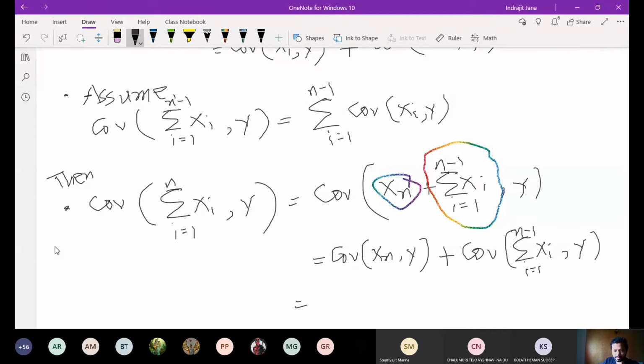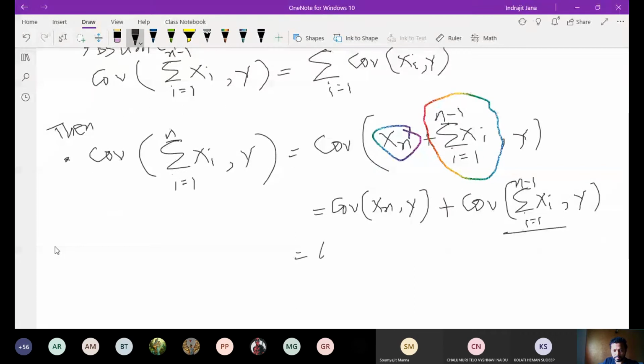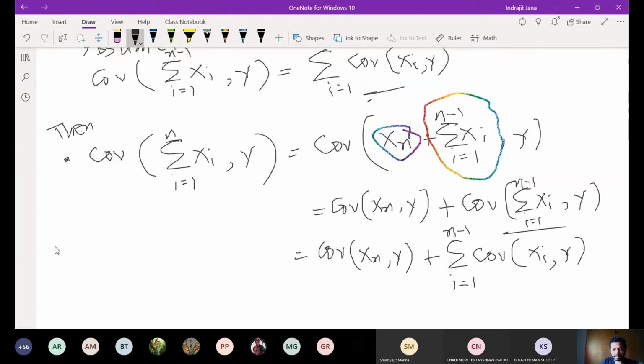Now from the induction hypothesis, you can write the expansion of this, which is covariance of xn, y plus summation i from 1 to n minus 1 of covariance of xi, y. This is from the induction hypothesis, that when i is from 1 to n minus 1, we have this expansion.